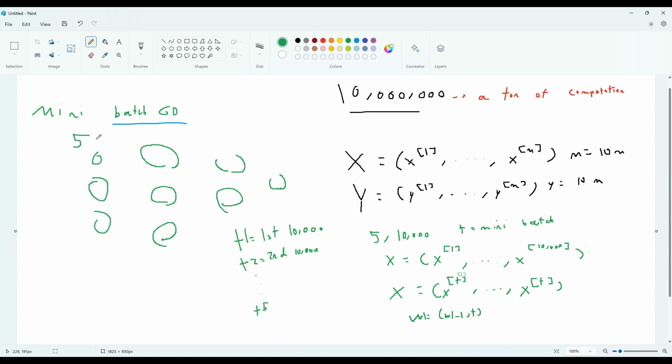Pretend this is 50,000 training examples, and that gets fed into this. And that's all mini batch gradient descent is. Instead of taking all 10 million, you're going to take many batches.